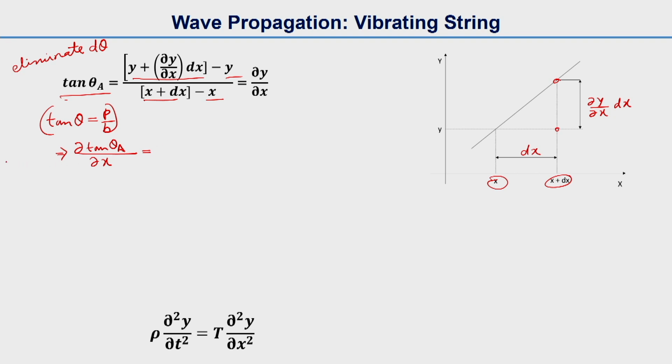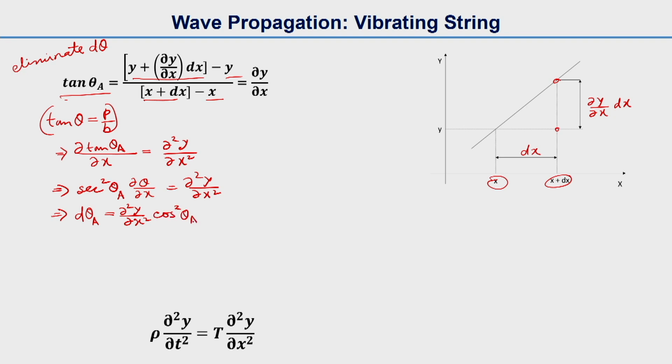Taking partial derivative on both the sides, that will give you second partial of y with respect to x squared, and this will give you sec square theta a partial of theta with respect to x, and this will give you differential d theta a equal to d2y over dx2 cos square theta a dx.